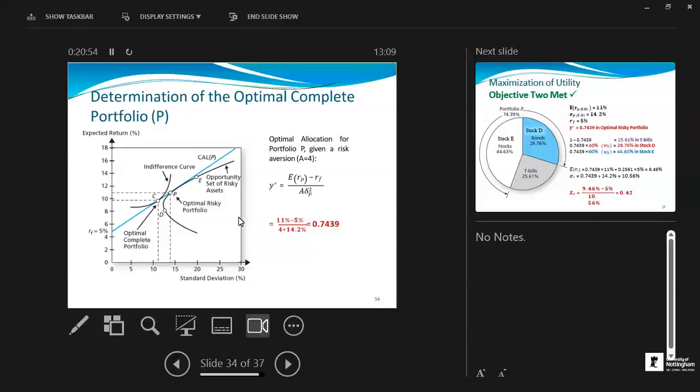But now we introduced a risk-free asset, so we can choose a combination of the risk-free asset and this risky portfolio. And given our risk preference, or risk aversion, we have decided to allocate 74.39% in the risky portfolio and the remaining to the risk-free asset. As a result, we are going to hold this portfolio C, which lies on this blue line.